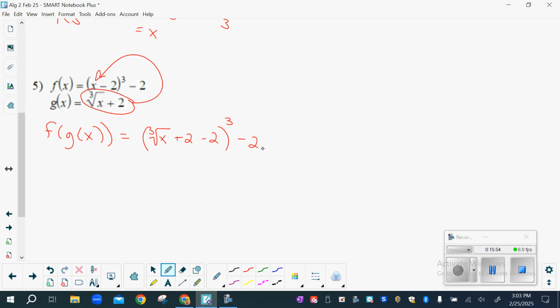So plus 2 minus 2 cancels, right, to 0? So this gives me the cube root of x cubed. What's the cube root of x cubed? x. So I get x minus 2, not quite x, is it? So my answer is a no. So yes, those will be challenging.